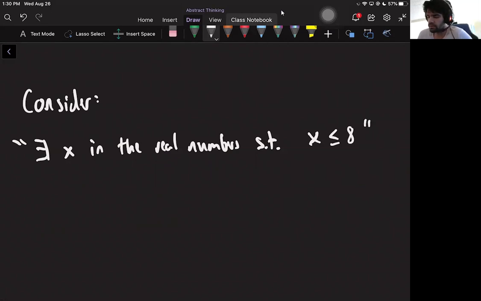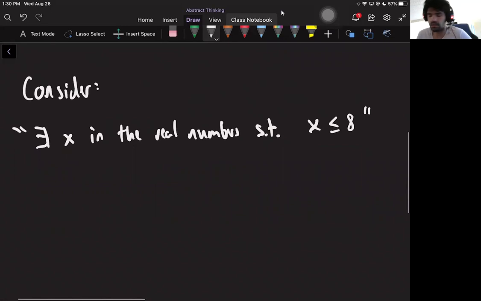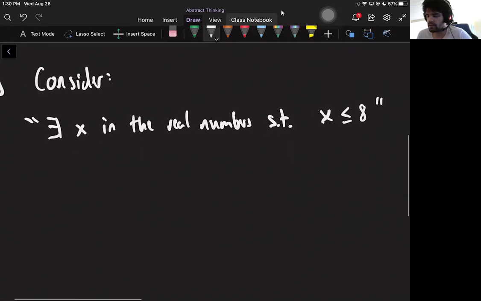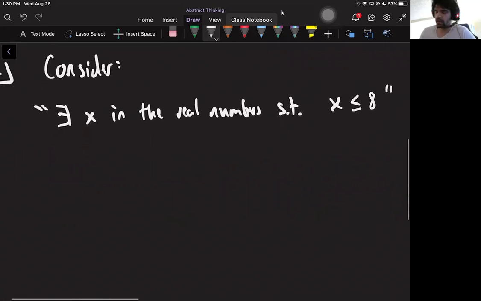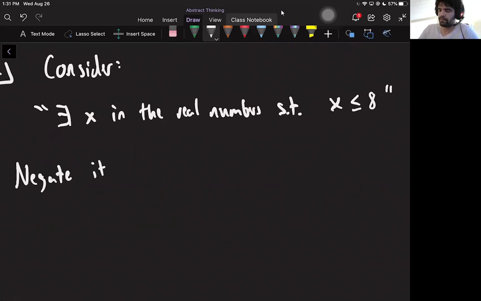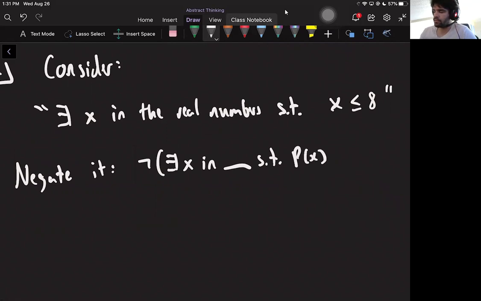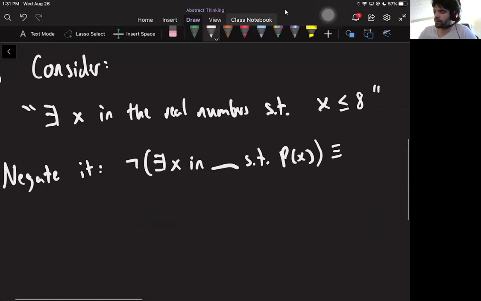So there exists an x in the real numbers such that x is less than or equal to 8 is the statement. Let's try to negate it. Symbolically, if I negate a statement that looks like there exists an x in something such that the predicate happens, what is that going to look like? We'll think about it by thinking about this example.